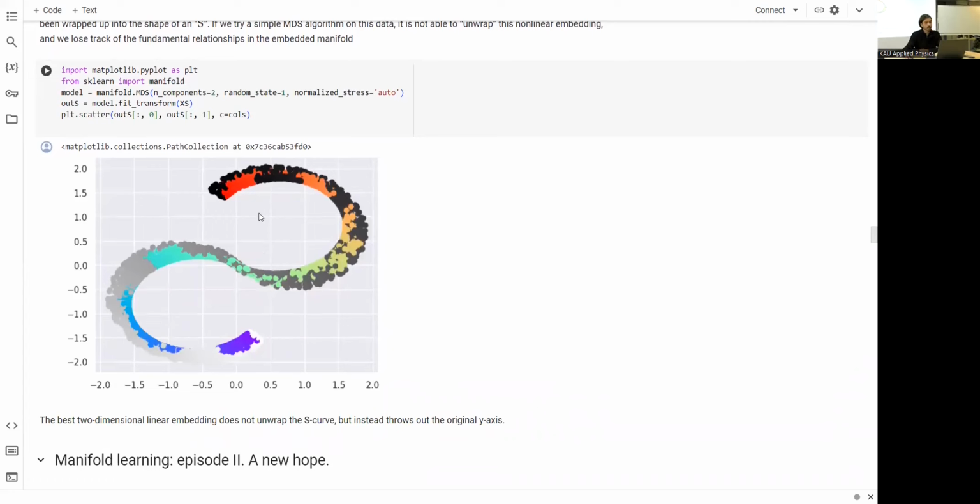You can see that the S was not unwrapped, unfortunately, so we don't have what we want. Still, some structure is preserved. If you see the colors, they are not messed up. So some structure is preserved, but it's not the structure that we wanted. We wanted something a little bit different.